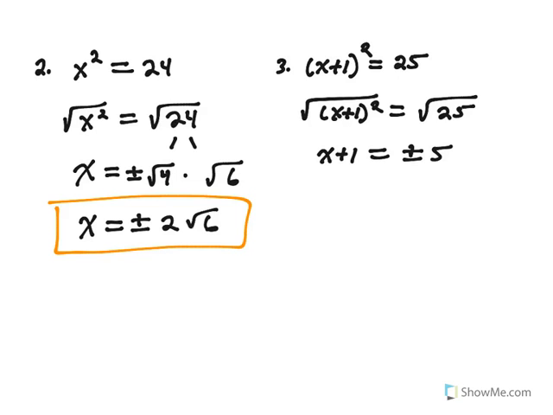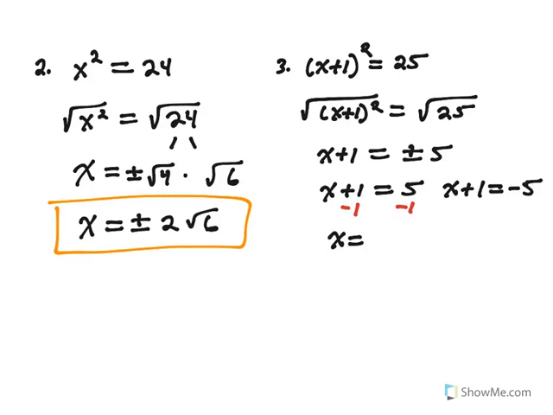All right? And then we can write this as x plus 1 equals 5, and x plus 1 equals a minus 5. We can write two separate equations so we don't get confused. All right? And we're going to solve this one by subtracting 1.